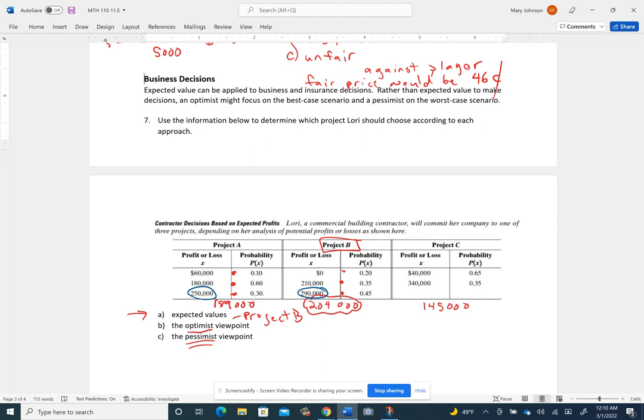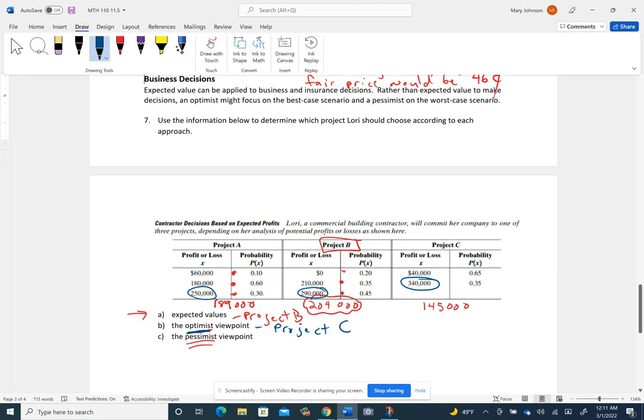Project C, she's estimated the most she could make would be a profit of 340,000. So if she's going to use the optimist viewpoint, then she should go with the project that has the possibility of making the most. That would be project C. Okay. All right, now let me change to green.